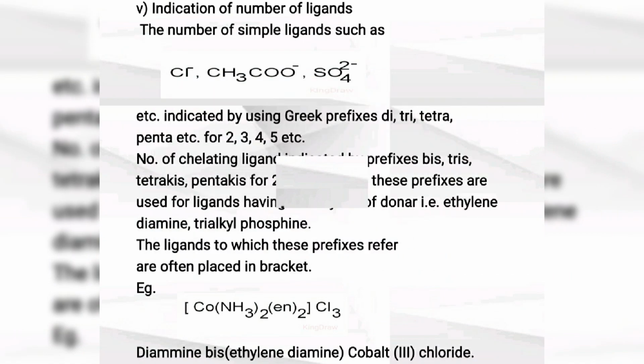Next rule is the indication of the number of ligands present in the compound. Sometimes in a coordination compound, more than one ligand can attach to the central metal ion.